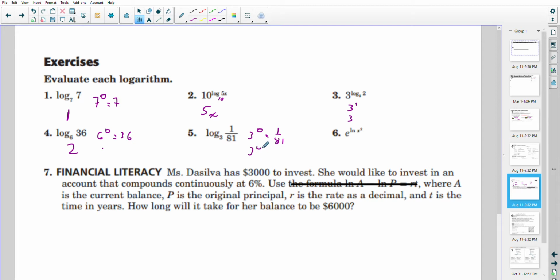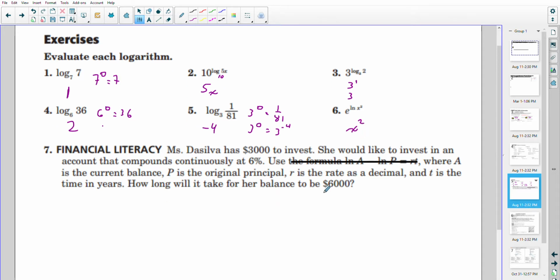What you want to do is get 3 as a base on this side. So it's going to be 3 to the negative 4th is equal to 1 over 81, and therefore your answer is negative 4. These are inverses, so a composite of inverses is equal to what you started with.